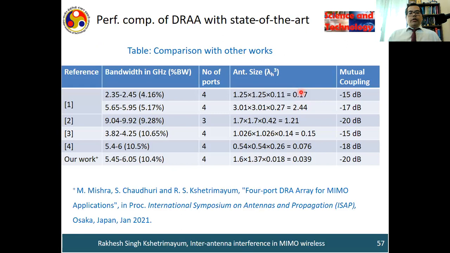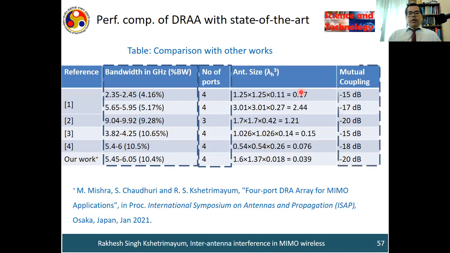So we compare our antenna performance with existing work in the literature. What you can see is that our antenna has either better or comparable bandwidth with the antennas which have been reported in the literature. And another thing is that the number of ports we have used is 4. Most of the antennas have used 4 ports or 4 elements. Look at the size of the antenna and the mutual coupling. Our mutual coupling is very good. The requirement is below minus 15 dB, and ours is around minus 20 dB, which is very good.